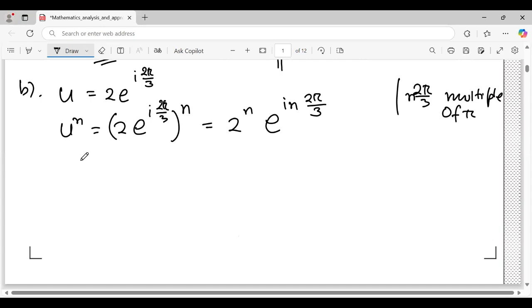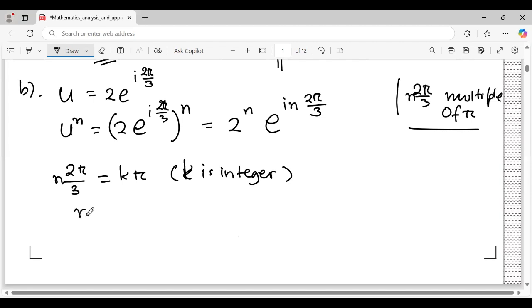So it means n times 2 pi third equals k times pi, because it is a multiple of pi for k an integer. K is an integer, right?